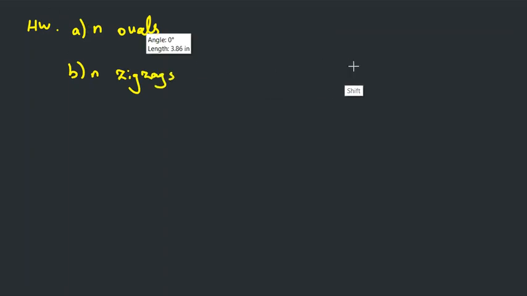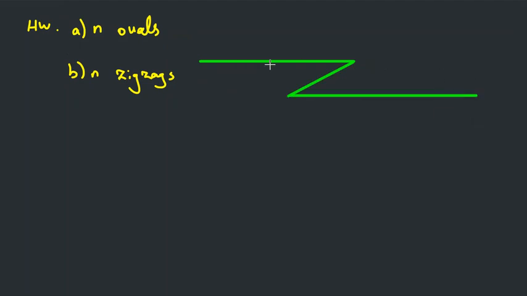Now, as homework, I write some homeworks and then we will work on an AIME problem. Try to solve exactly the previous problem for n ovals, and for n zigzags. By zigzags I mean this shape, where these two lines go to infinity.